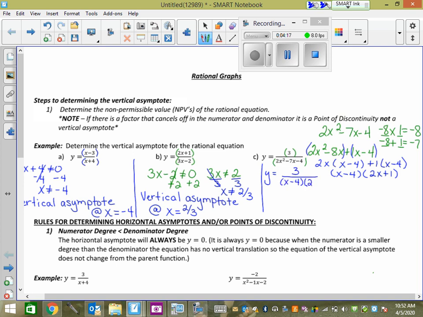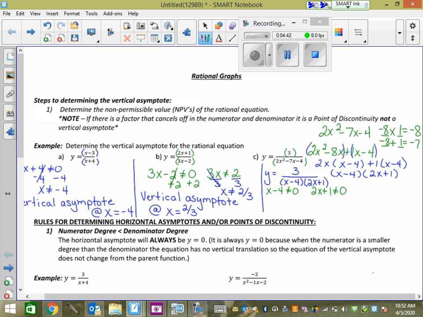So I'm going to get 2 non-permissible values. So I'm going to get 2 asymptotes, vertical asymptotes. And the reason why I get 2 is because nothing cancels off. So if nothing cancels off, I'm not getting a point of discontinuity. They're both asymptotes. So I'm going to go x minus 4 cannot equal 0, and 2x plus 1 cannot equal 0, separately.